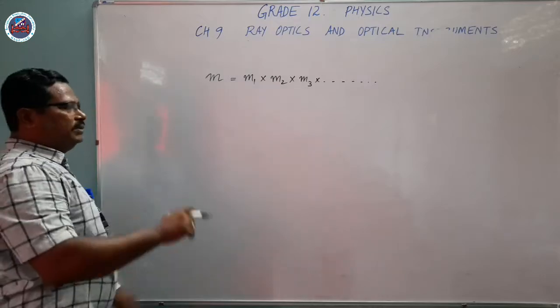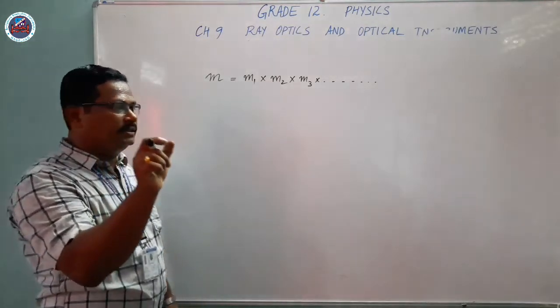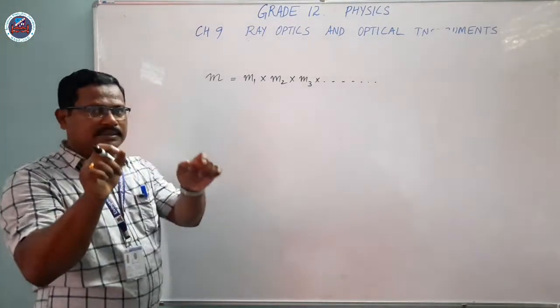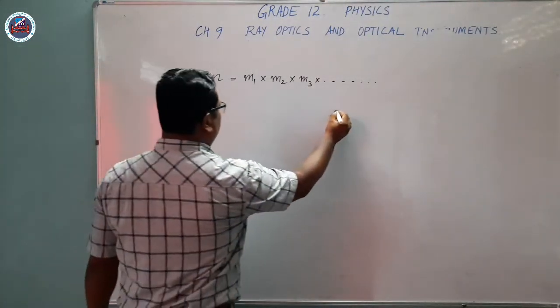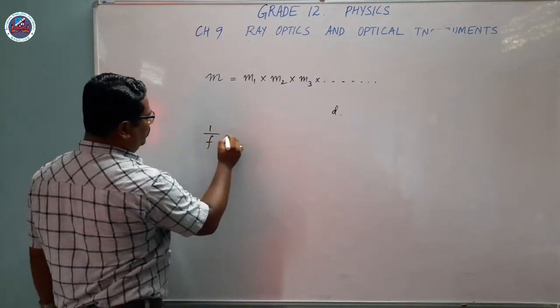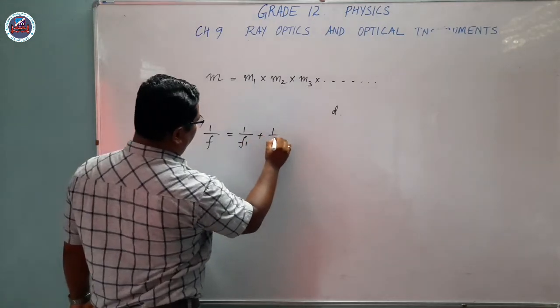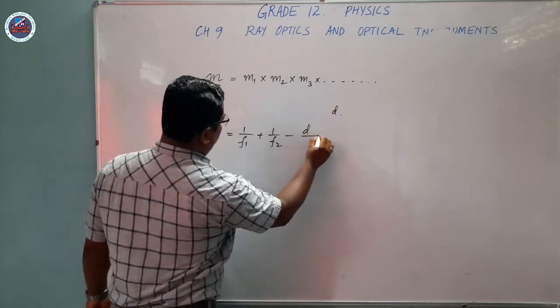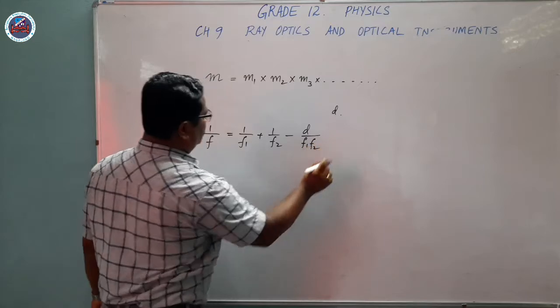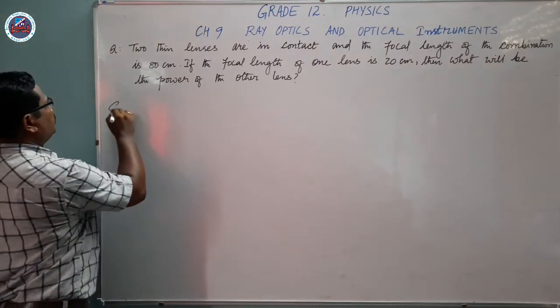Also, if the two lenses are kept at a slight distance from each other, say the gap between the two lenses is d, then the reciprocal of the equivalent focal length will be equal to 1 by f1 plus 1 by f2 minus d divided by f1 f2. Let us solve this question and see.